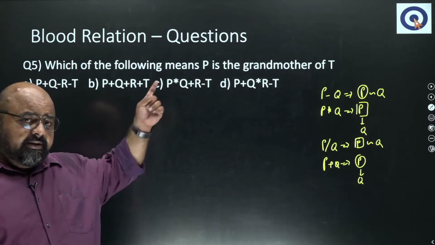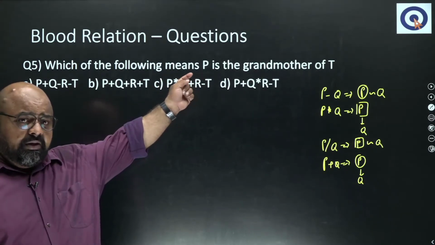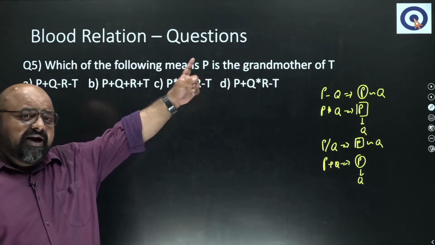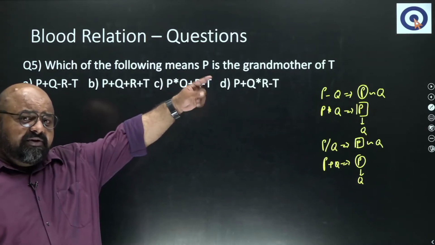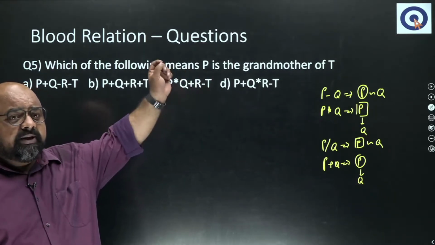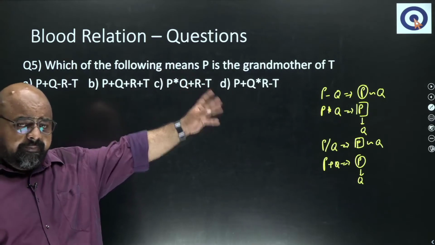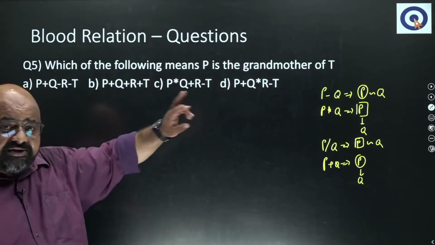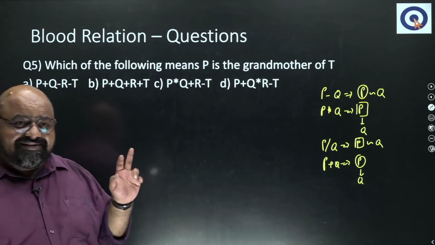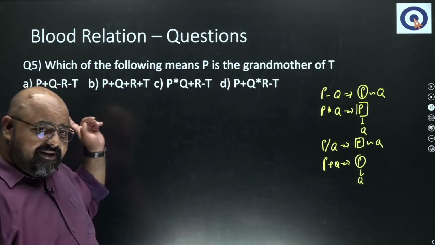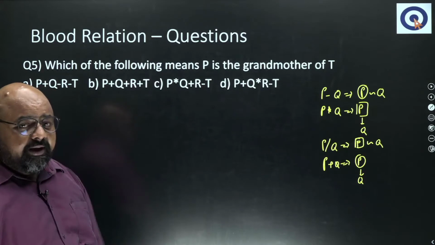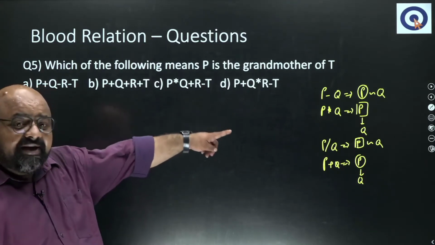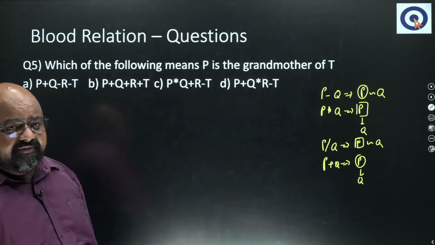Now, the question wants me to find out how I can say that P is the grandmother of T. If P is the grandmother of T, P has to be a lady, right? In any of these questions, do not use BODMAS. This is not maths, they're just symbols, they will be read from left to right. Now, I'll look at a symbol which tells me that P is a female.